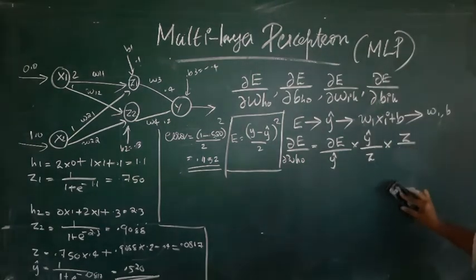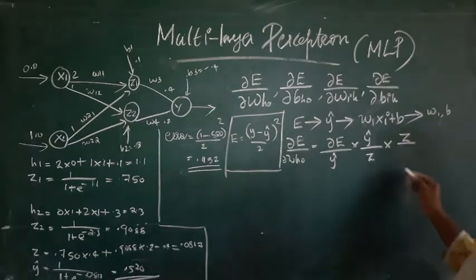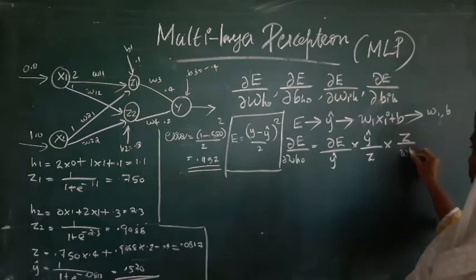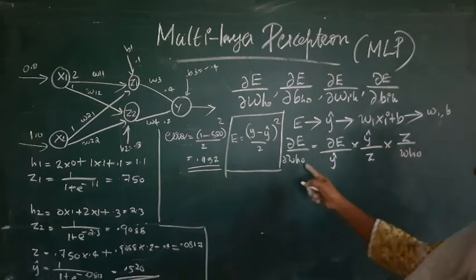The value of z is actually a weighted sum of inputs and biases, right? So the W_HO has a contribution here. So this is how we find the relationship.